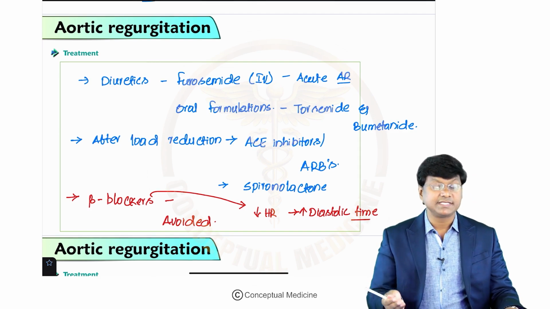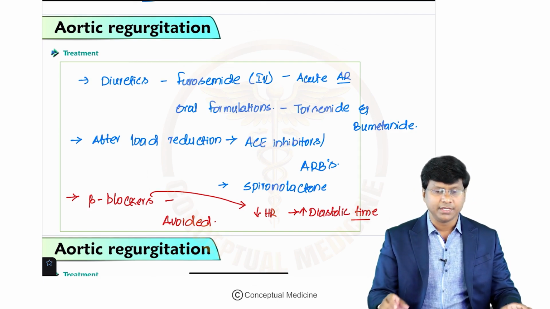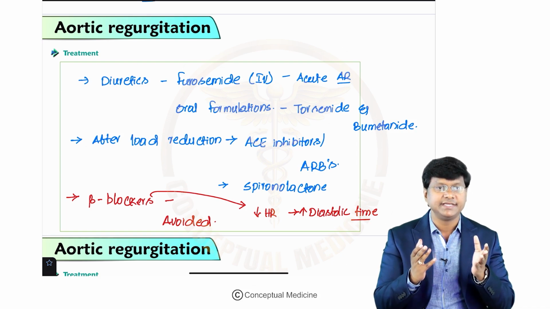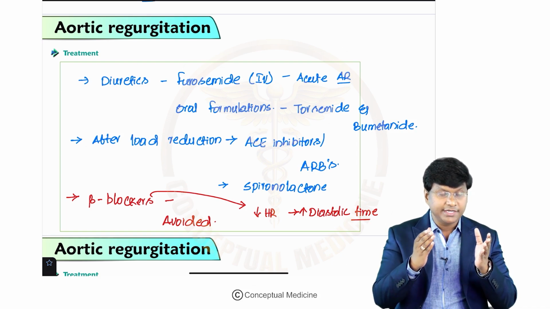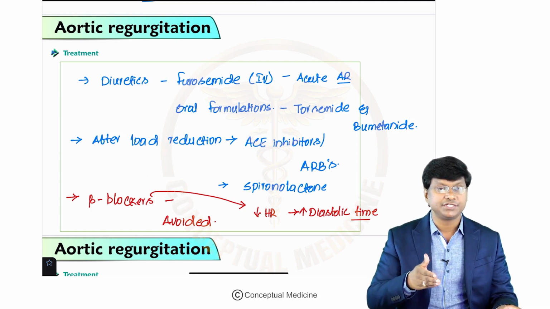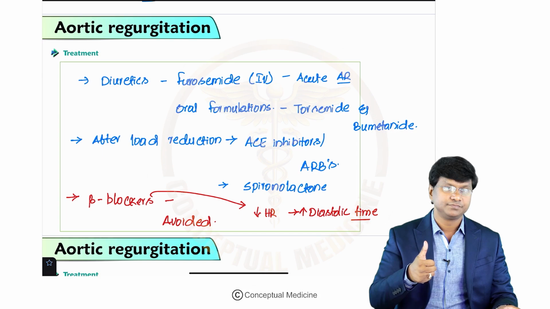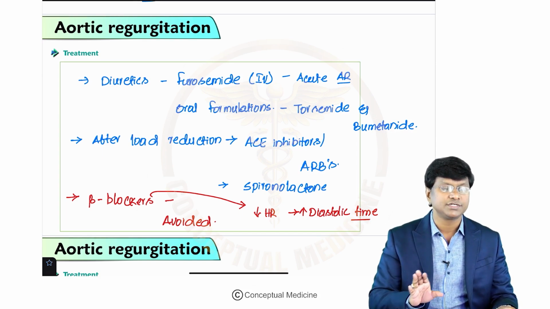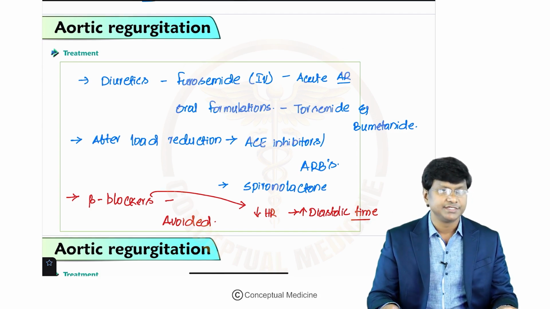When the diastolic time is increased, the quantity of regurgitation into the left ventricle increases. That is the reason why you should not give beta blockers. So beta blockers are usually avoided in these patients with aortic regurgitation.